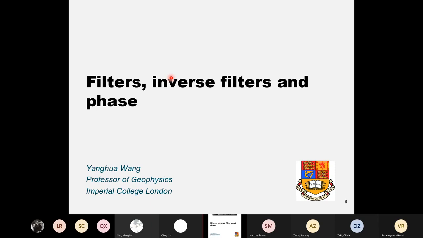So in terms of implementation, filters and the inverse filters are identical. But the difference between different filters we'll see from the phase. That's what we try to say.